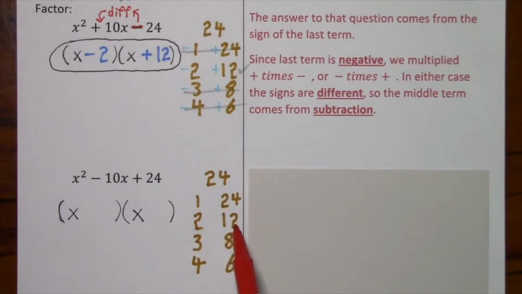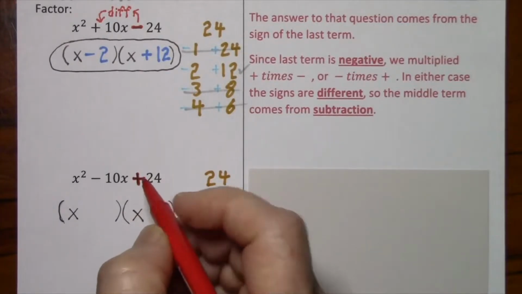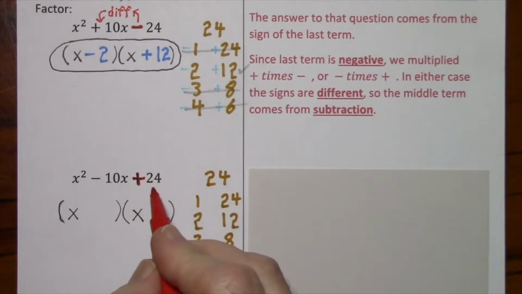To decide if we're going to add or subtract these two terms, we look at the sign in front of our last term. This is the result of multiplication. If it's positive, we multiplied positive times positive or negative times negative.